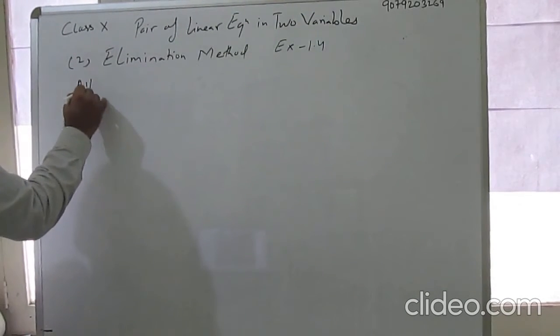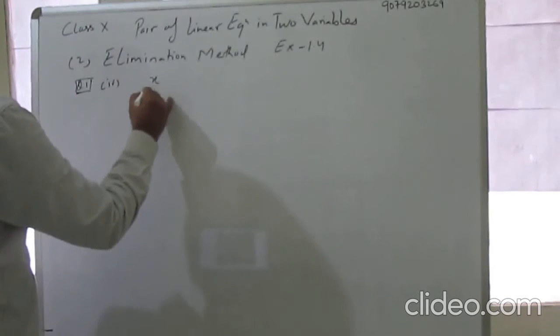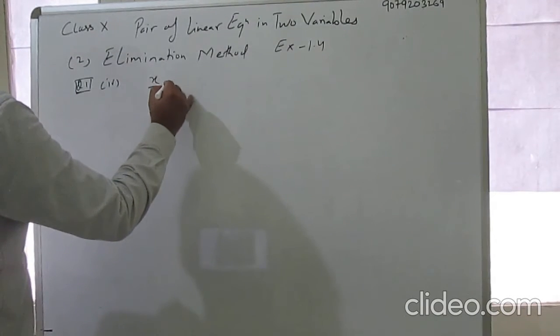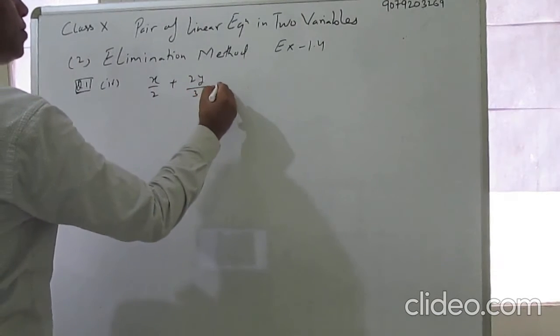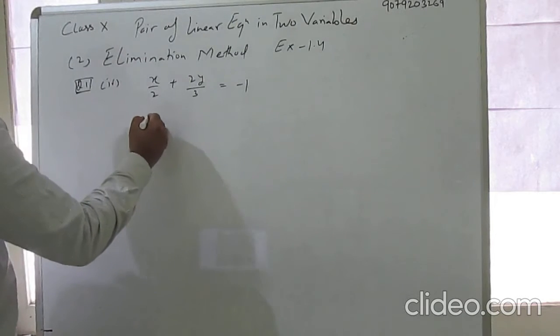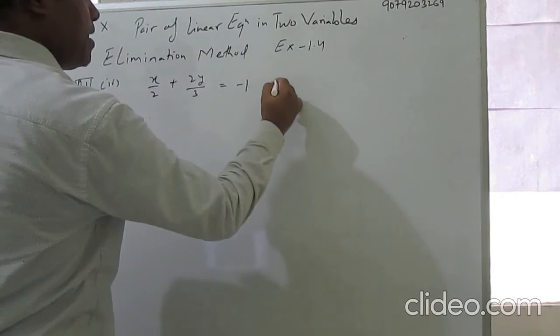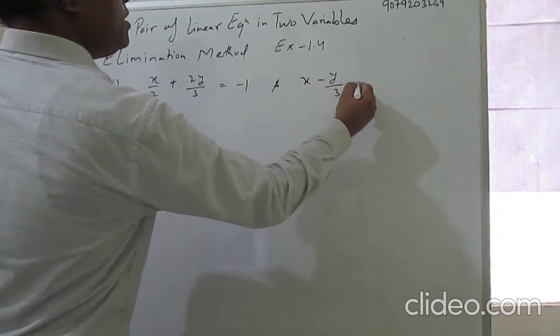Question first, fourth part. x upon 2 plus 2y upon 3 is equal to minus 1. Second equation: x minus y upon 3 is equal to 3.